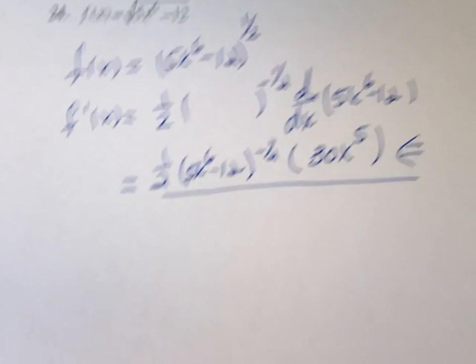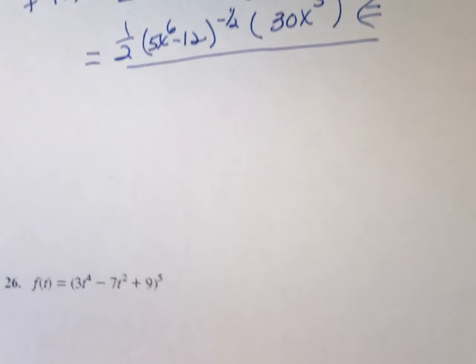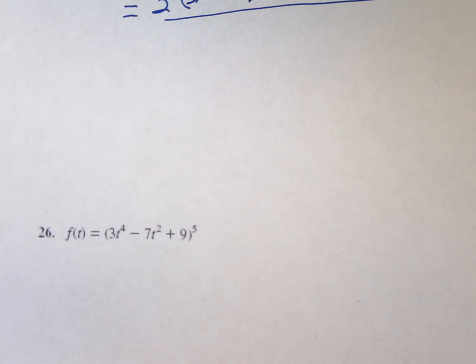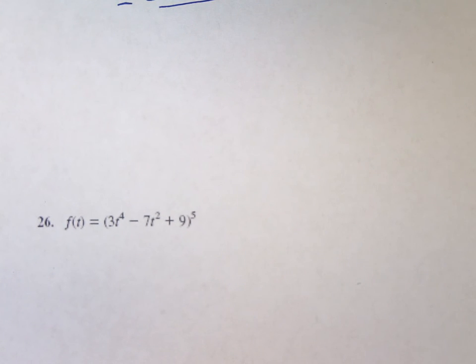Okay, what do I do with the next one? What's the blob? 3x to the 4th minus 7x squared plus 9, right? So the variable is t.